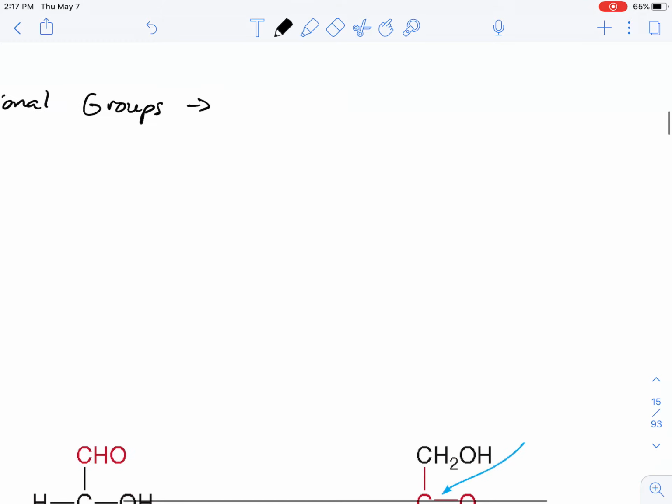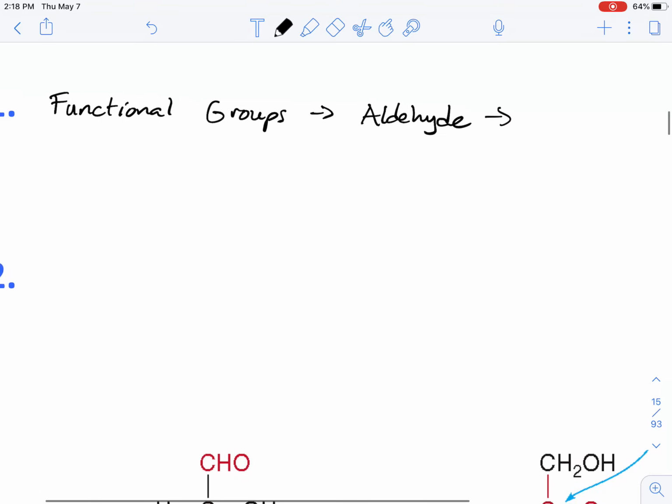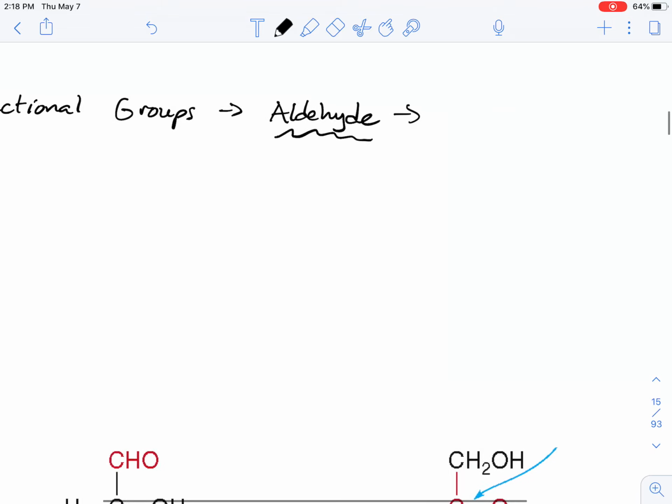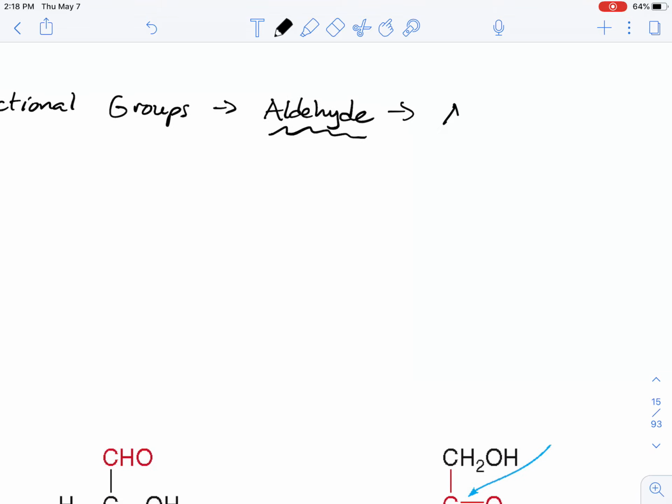And so if your carbohydrate has an aldehyde in its functional group, then we're going to classify that specific compound as an aldose. And if you have a ketone, then it would be a ketose.